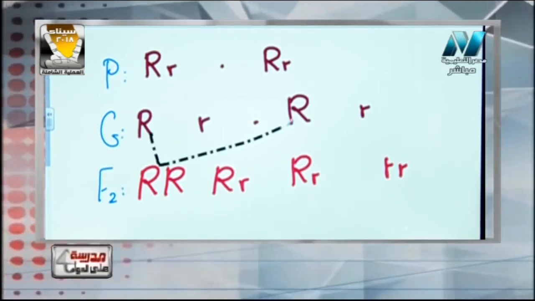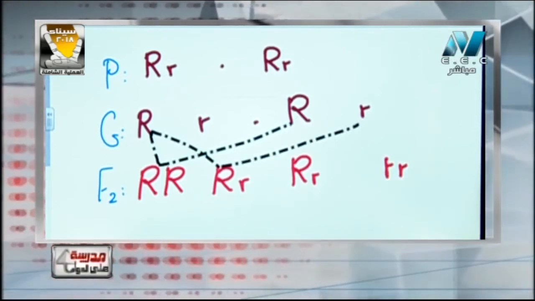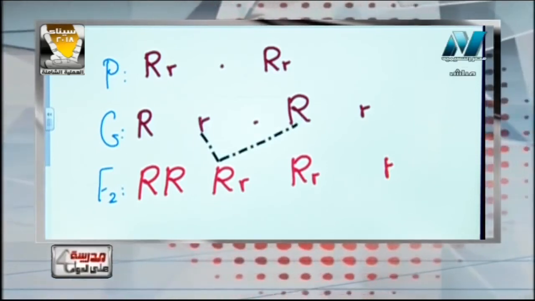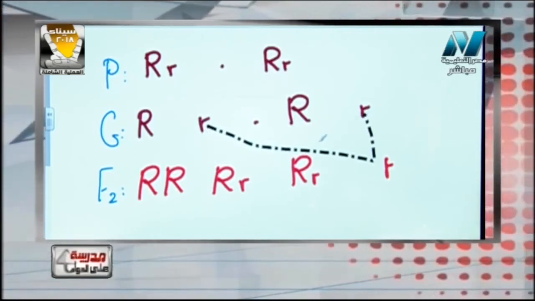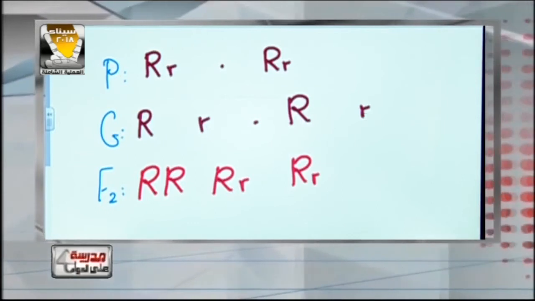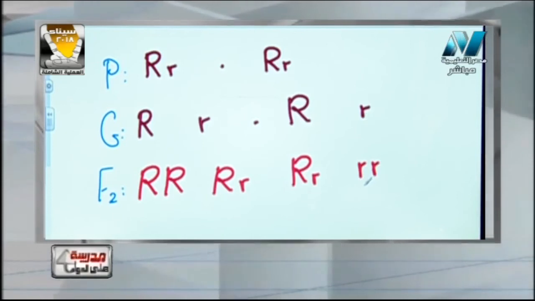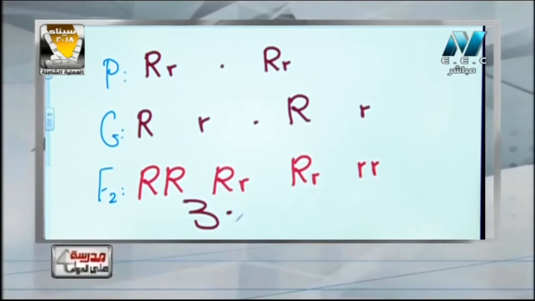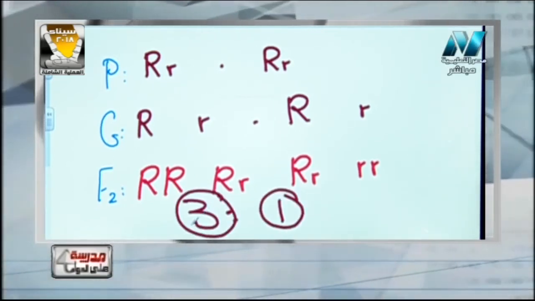First with first, then first with second. So we have another, second with first and second with second. If we have two similar letters, we write the capital before the small. In this case we have 3 purple to 1 white flower, 3 to 1, as Mendel's first law.